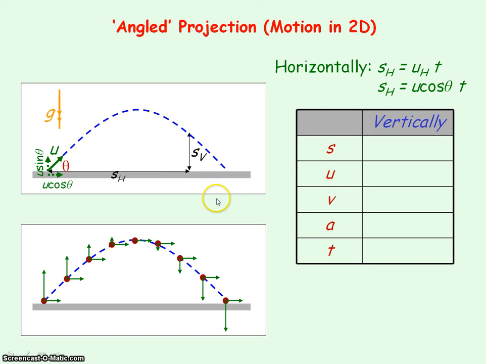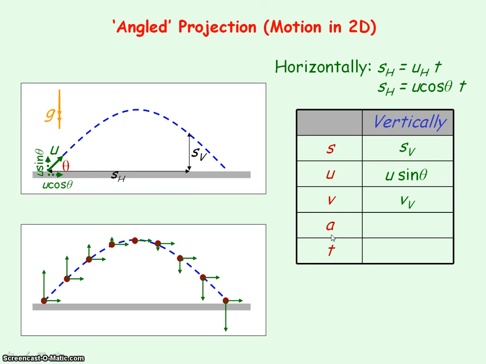Vertically, we can use the SUVAT equations. So the vertical displacement is our s_V. The initial velocity vertically is u sin theta. Our final velocity vertically we will denote as v_V.